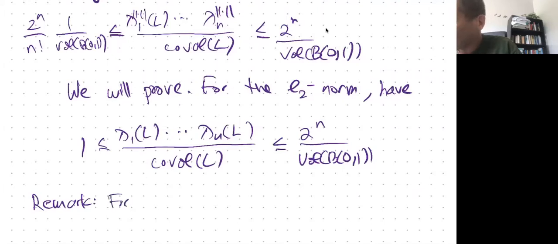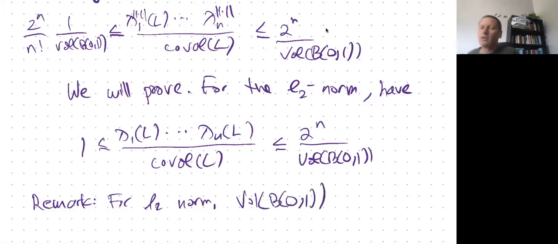for the L2 norm, the volume of a ball of radius 1 with the Euclidean norm is a well-studied quantity.